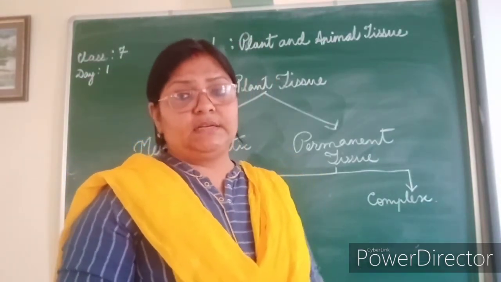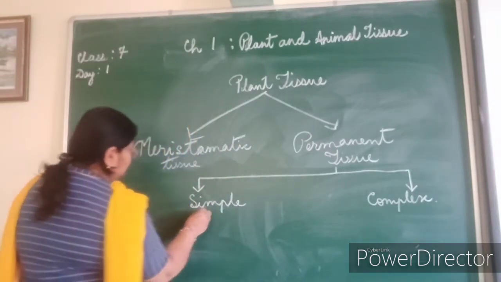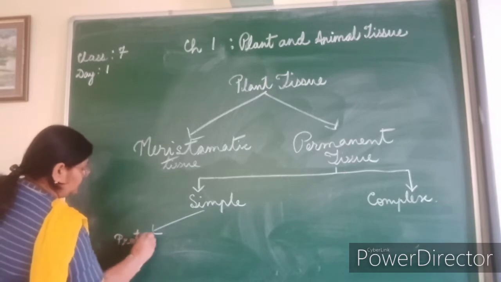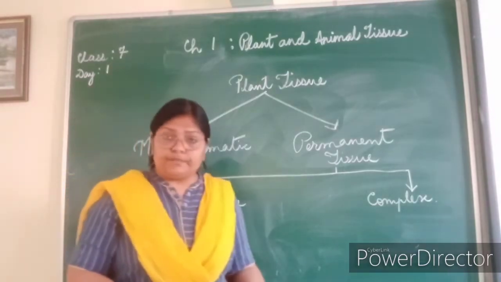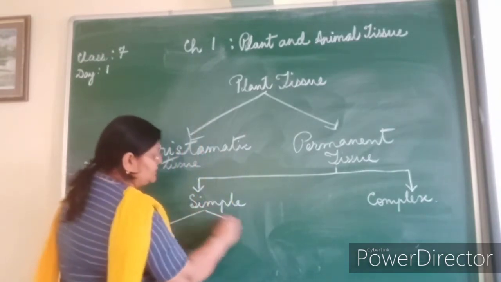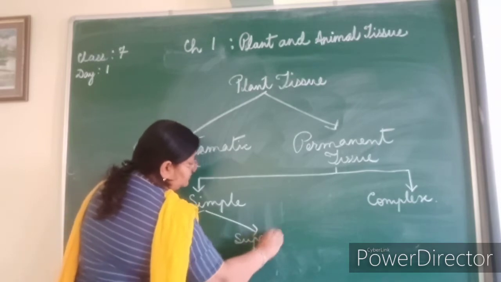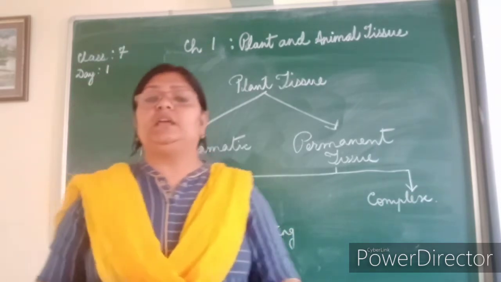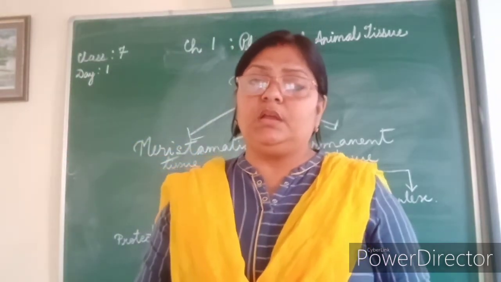The first group is protective. The word itself gives us the idea of its function. And the next group is supporting. Here again the name itself gives us the idea what the function of the supporting tissue must be.